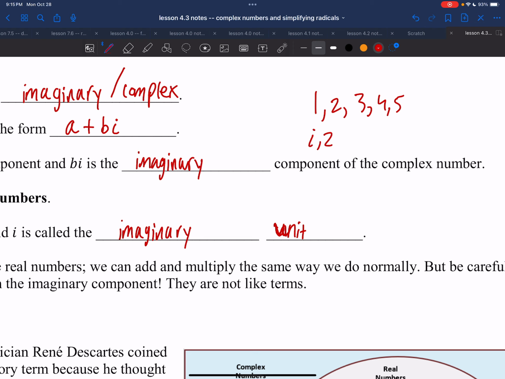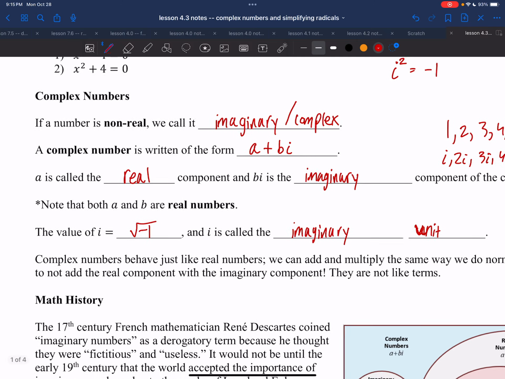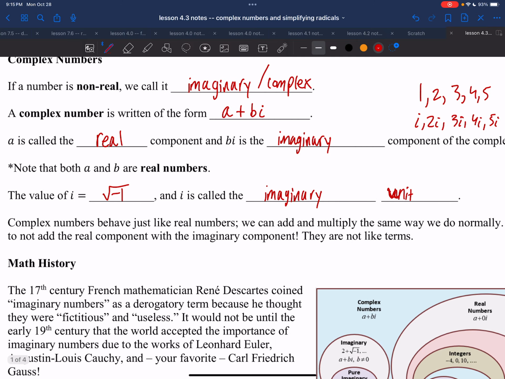So it's I, 2I, 3I, 4I, 5I, so forth, right? So I is the unit of counting for imaginary numbers. And what we're going to do today in this lesson is sort of explore how you do operations with imaginary numbers, maybe some interesting properties about them, things like that, okay?